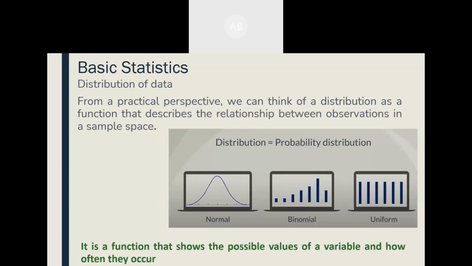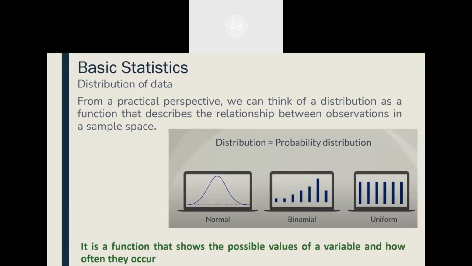Depending on the data type, we have different distributions. Some of the distributions you'll see later: normal distribution, binomial distribution, uniform distribution, or exponential distribution, different kinds of distribution.